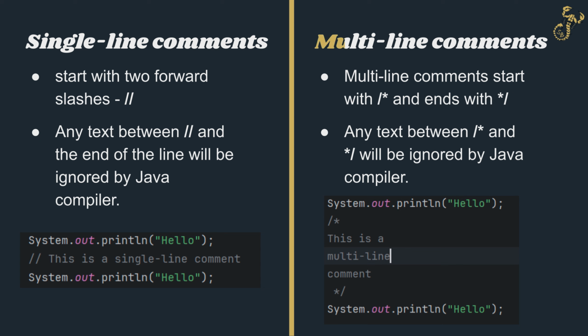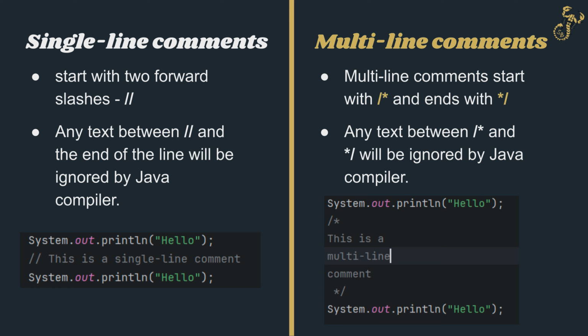On the other hand, multi-line comments basically means we mark multiple lines to be ignored by the compiler. We do this by starting the comment section with /*. Then we put our comment that will span across multiple lines. And then we end the comment section with */. Basically, any text between the starting /* and the ending */ will be ignored by the Java compiler.